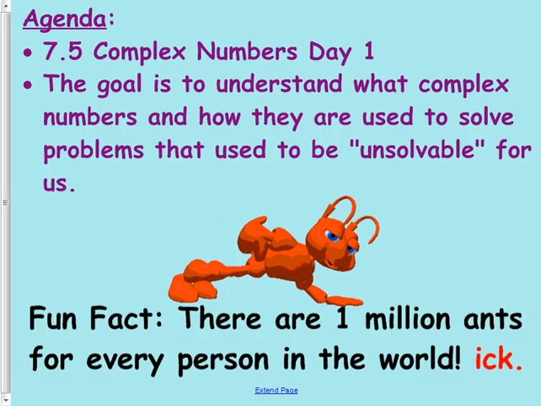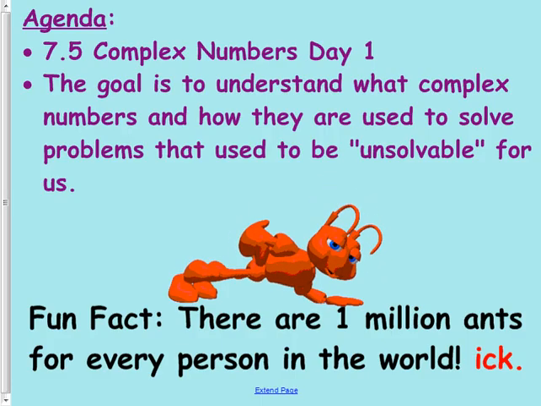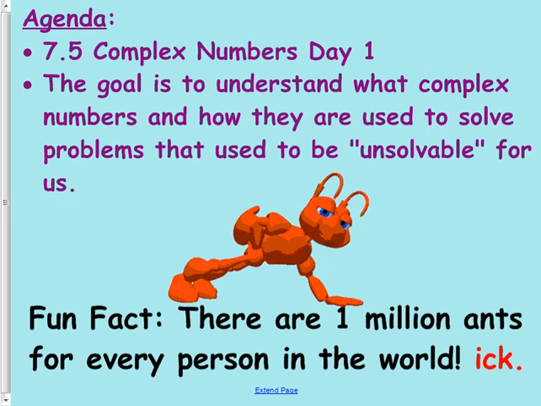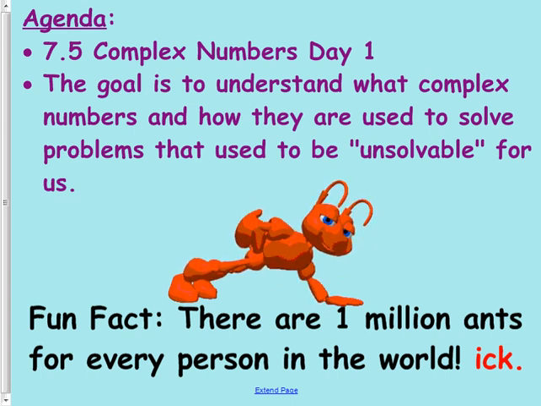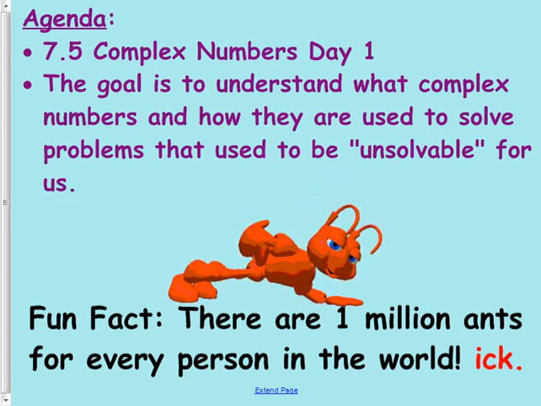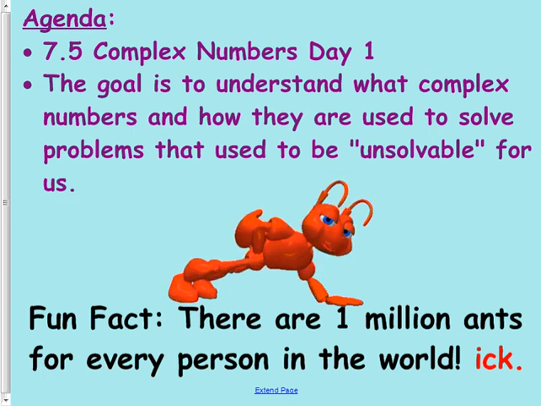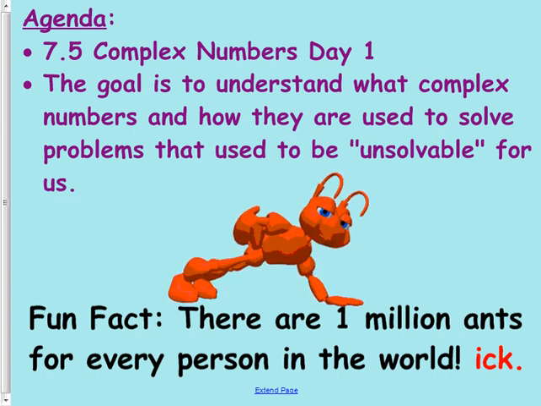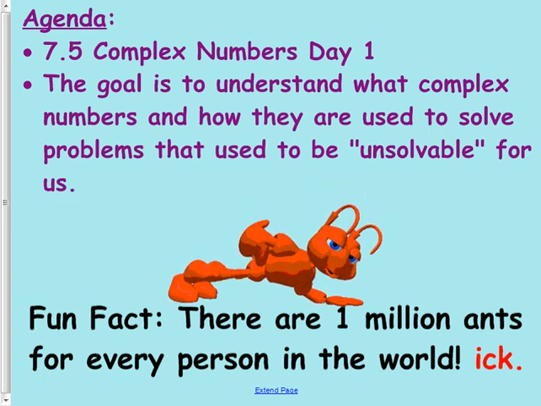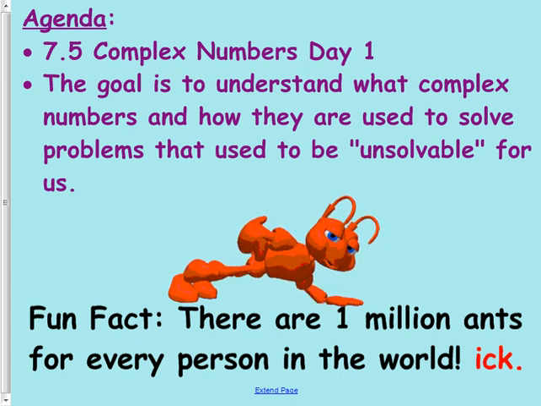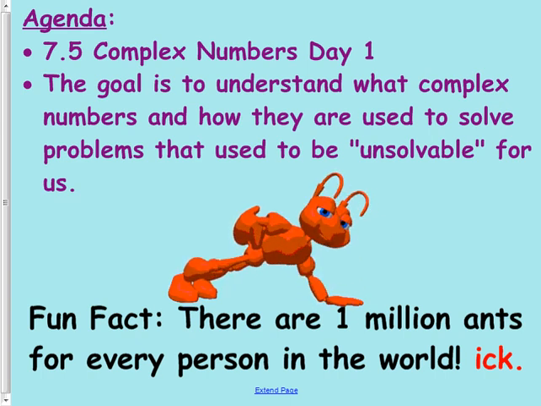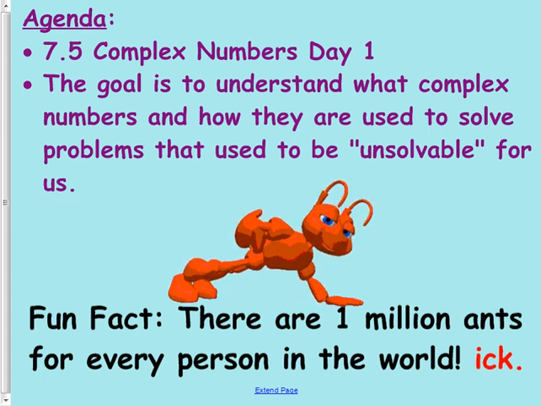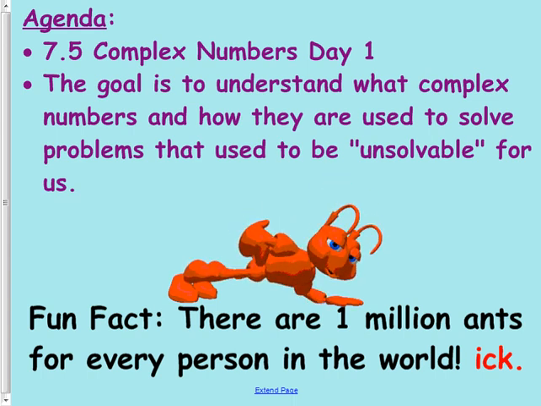If there are approximately 7 billion people in the world, 7.1 or whatever, and you add 1 million ants for every human, so you can take 7 billion and multiply by 1 million. So that takes 7 billion and adds 6 zeros to it.